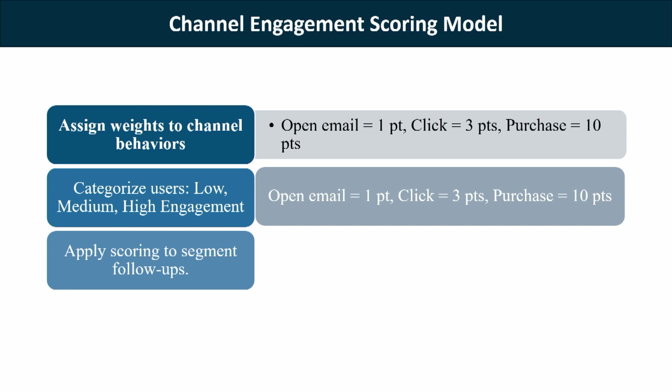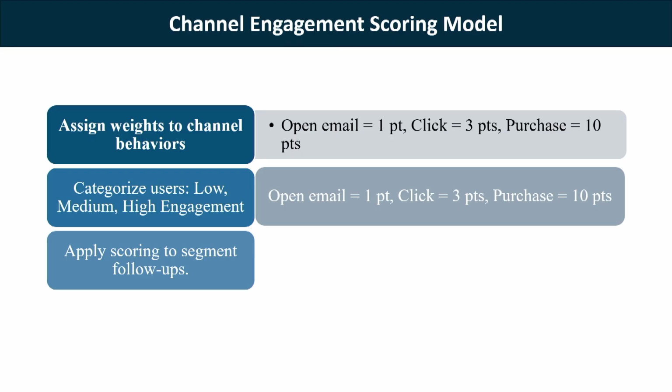We can assign weights to channel behaviors, depending on the score that is predefined as per the activity performed. So we can categorize the users as low, medium and high engagement users based on the score assigned to them. And then ultimately, we can apply scoring to segment the follow-ups.